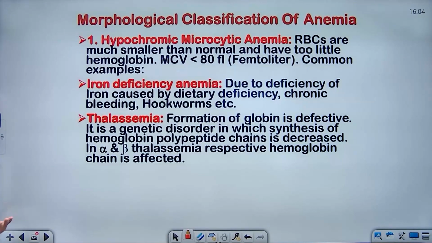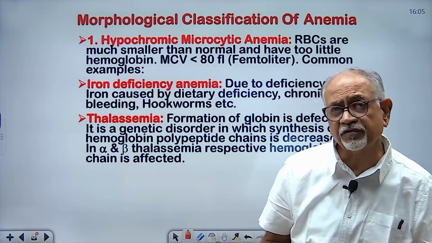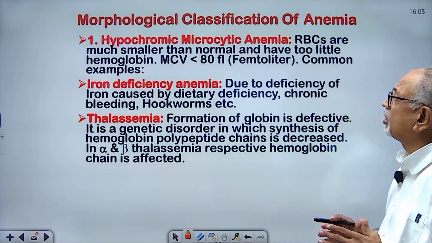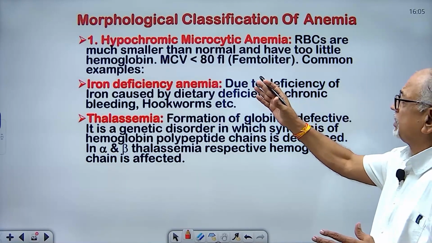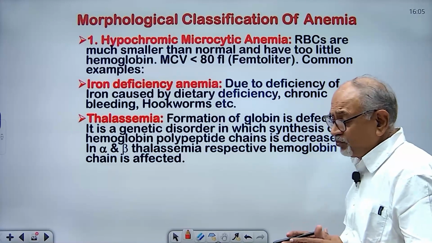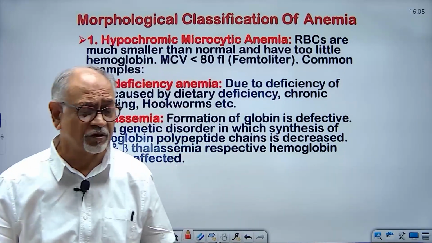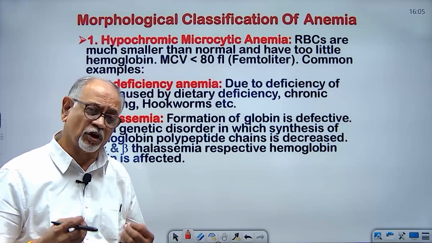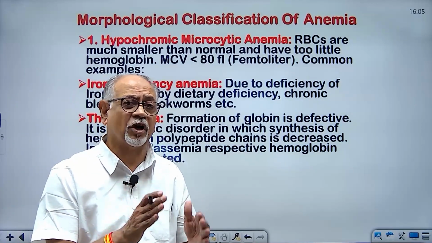Now, morphological classification of anemia. If the RBC remains smaller in size than normal, it is called hypochromic microcytic anemia. That means microcytic means they are smaller in size, hypochromic means they contain less amount of hemoglobin.